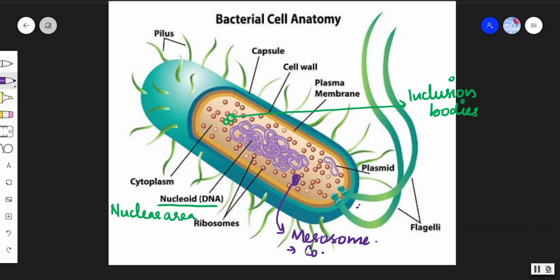It's just a folding, which serves as a respiratory organ for the bacteria, or we can say that it's the center of respiration. Mesosome, it's just a folding on the cell, on the bacteria. Clear? I hope this much is clear to you.